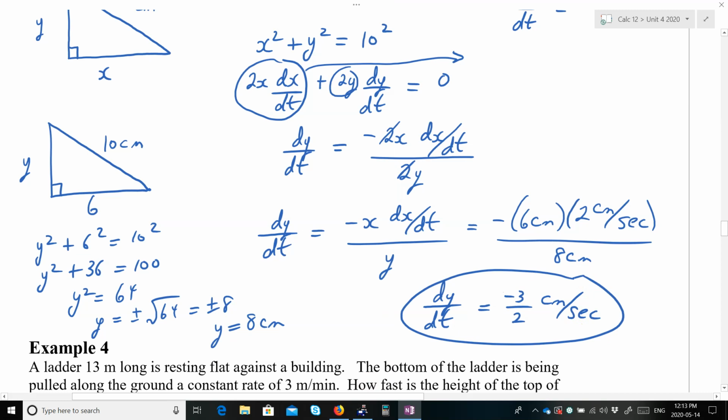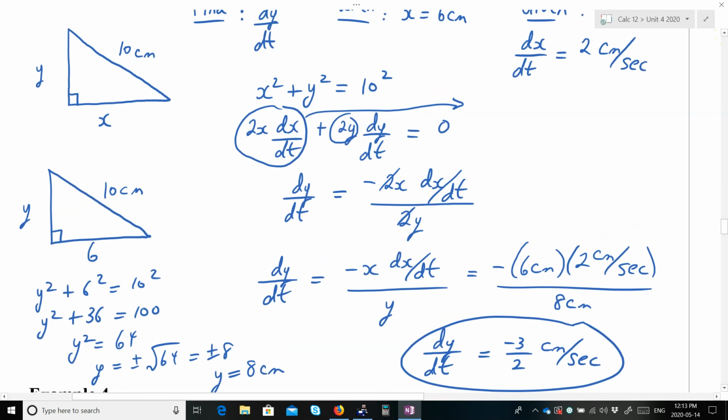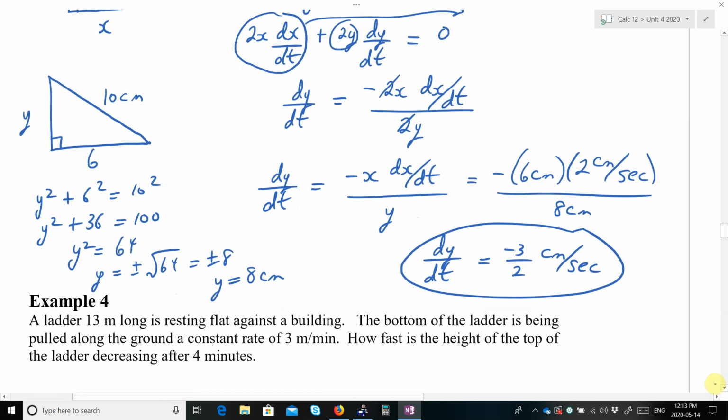So -3/2, so you're losing 1.5 centimeters per second. Okay. All right, and so that is example 3.